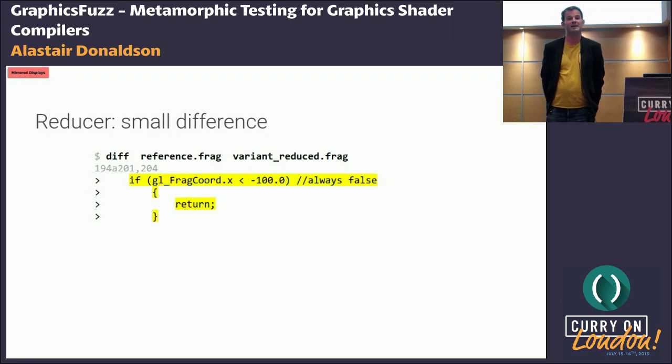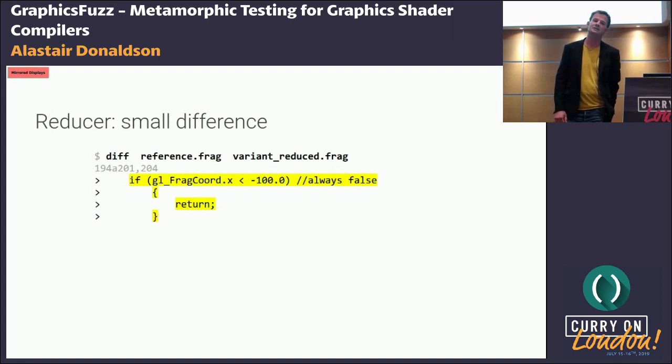However, the rules we have may not be enough to find the smallest shader that exists that triggers the bug. There may be multiple paths. Oh yeah, there are many, many paths. So there may be many one-minimal shaders that may not all be of the same size. Are you looking for all of them or just for one? We're looking for one. Yeah, and the idea is that you use this, you fix the bug, you run the fuzzer again, you fix the bug, you run the fuzzer again.